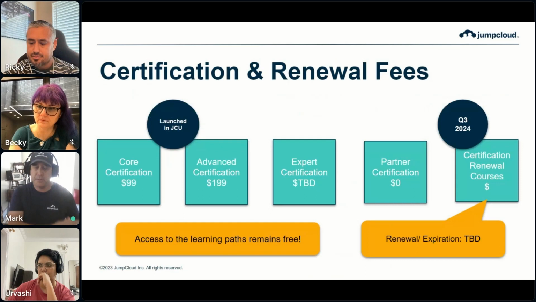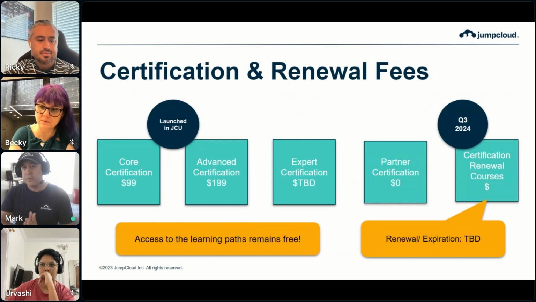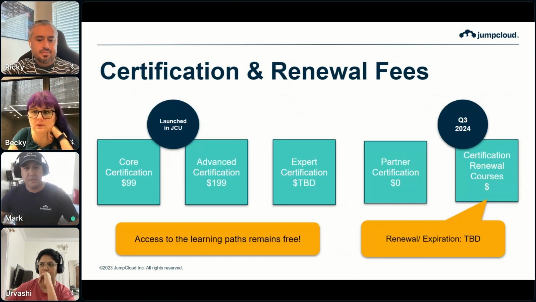It's just for the assessment that you're paying. What our renewal strategy will look like, we're still talking about internally and looking at market conditions as well, whether it's a 1 or 2 year expiration. We're still discussing that, but please stay tuned for more information.